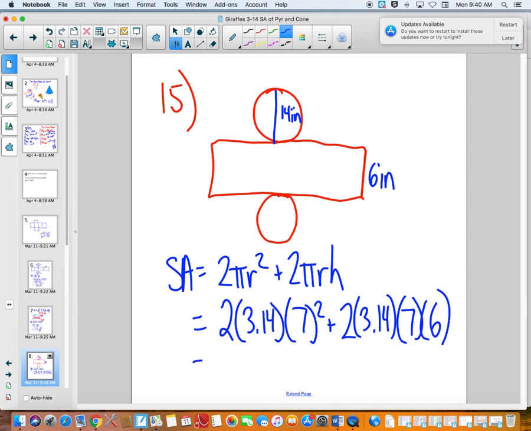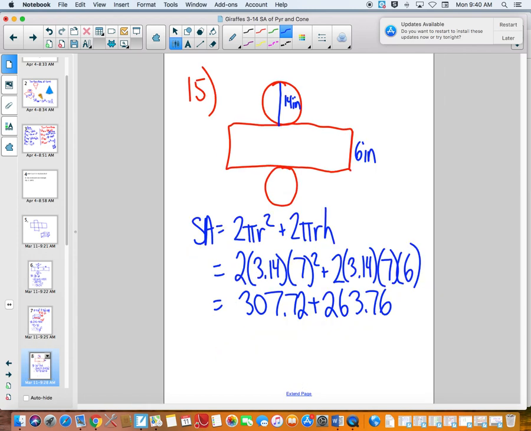Then we're going to take out our calculator, and we're going to multiply the first part, 307.72. We're going to multiply this second part, which is 263.76, and then we'll add them up.